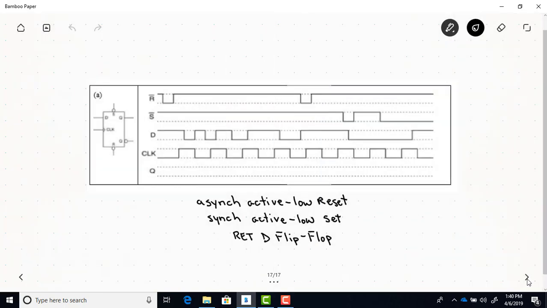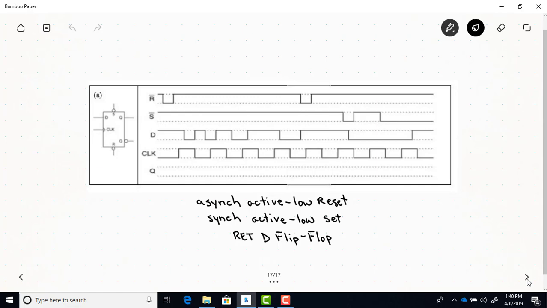Here we have a D flip-flop with reset and set. Both are active low, but the reset is asynchronous, so it does not depend on the clock, and the set is synchronous, where it does depend on the clock. And this is a rising edge triggered flip-flop, so it's the 0 to 1 transitions of the clock that matter.